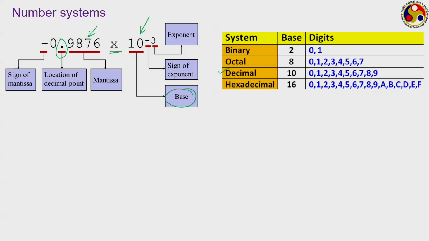So, decimal is only one of several possible number bases, but still we generally talk in terms of decimal, because that is the most common number base that we deal with in our day to day life.